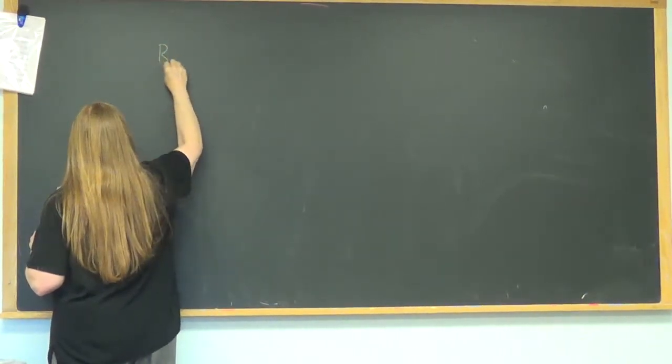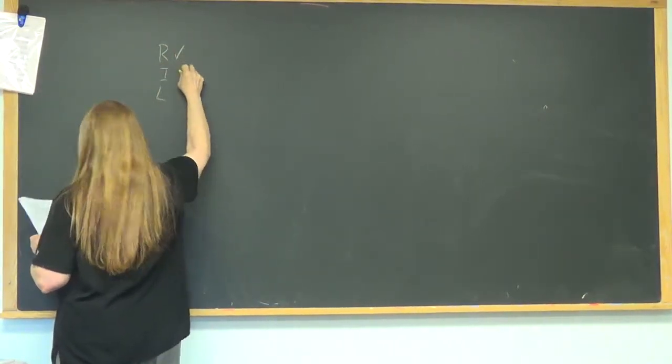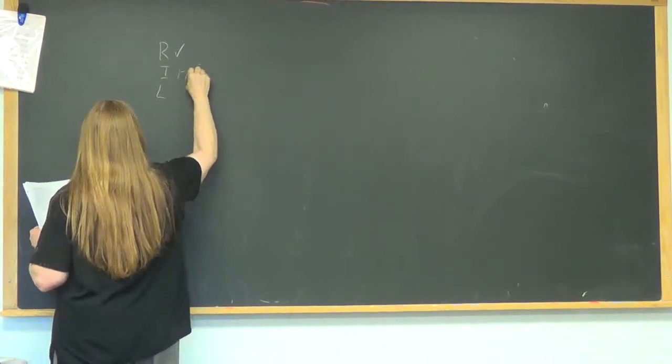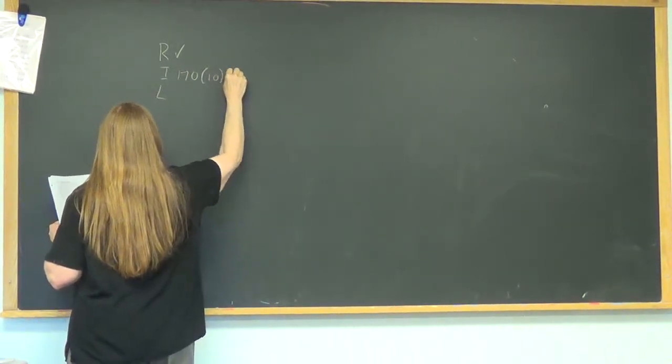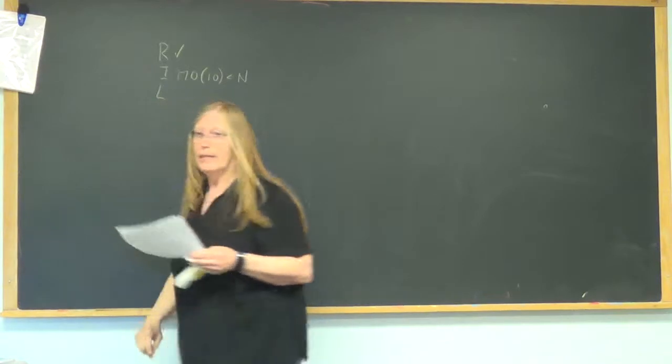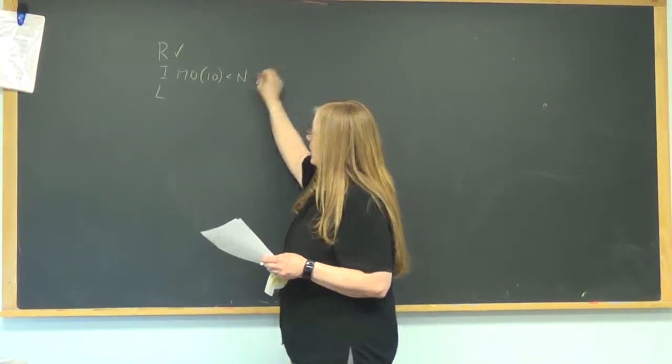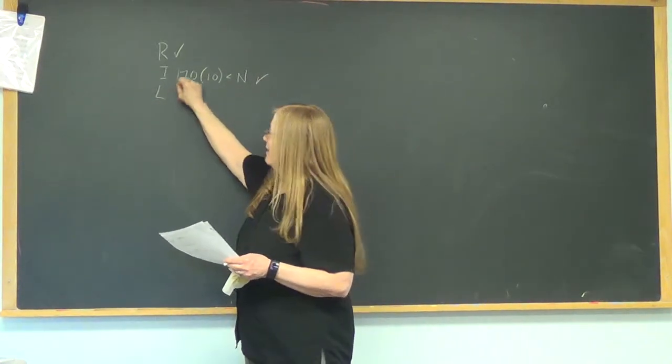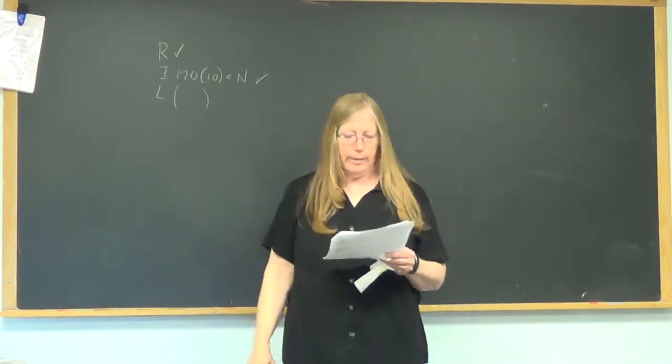Then you have independent, and I did 170 times 10 is less than all of the McDonald's, so I said check to that. And now this one, we have to wait to find the expected. We're going to come back to that one.